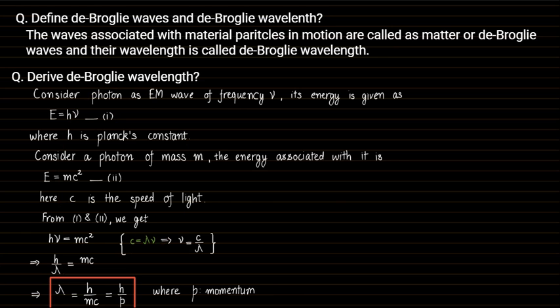Whenever a particle has very small dimensions, it will exhibit the wave nature as well as the particle nature. This is what we have seen in the photoelectric effect. The photoelectric effect shows that light behaves as a wave as well as a particle. So you just remember this expression.